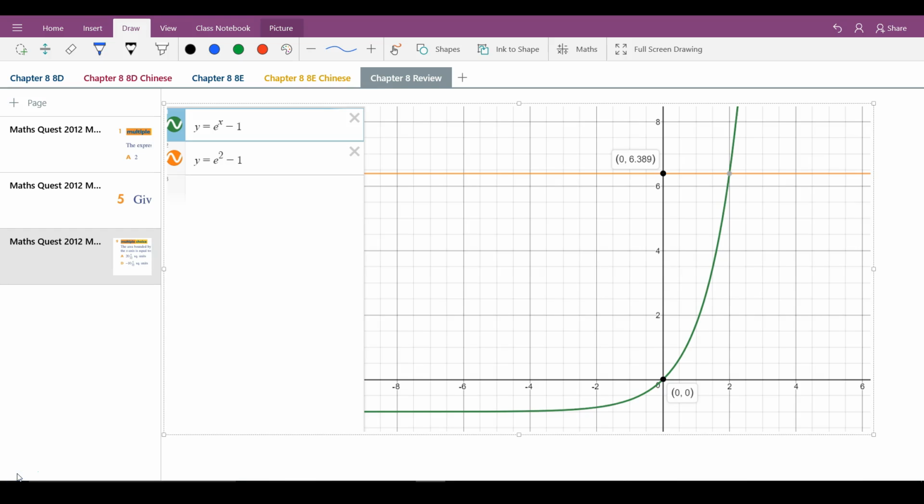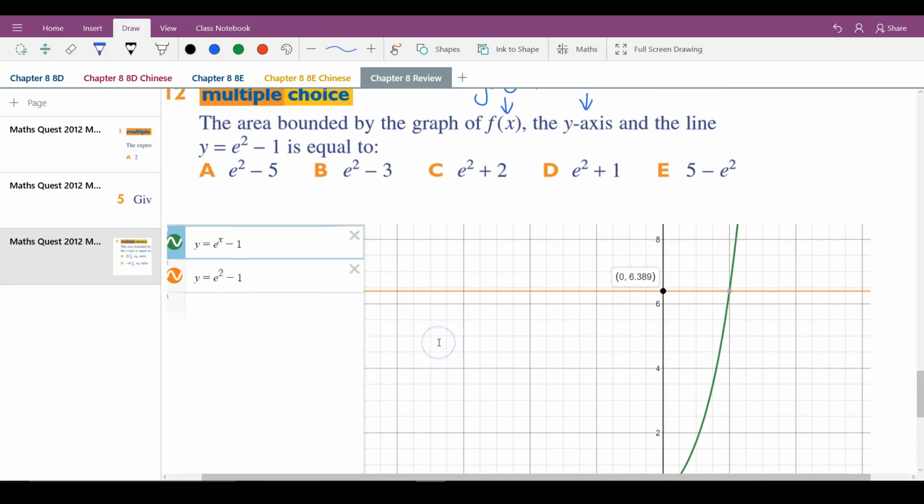Here's the graph. This time we're not looking for the area between the equation and the x-axis. Instead, we are looking for the area bounded by the graph of the function, the y-axis, and the line y equals e^2 minus 1.